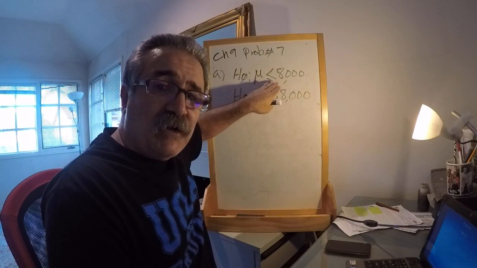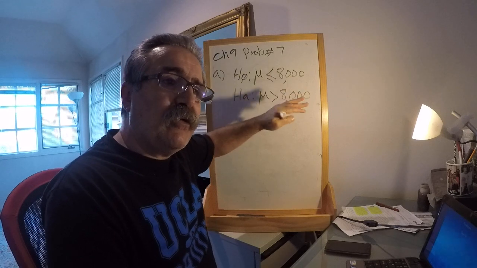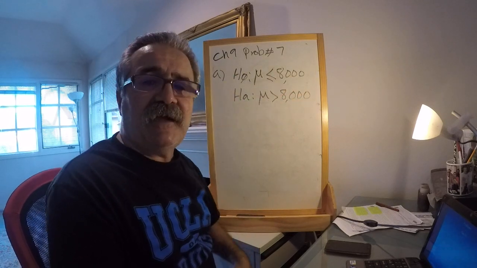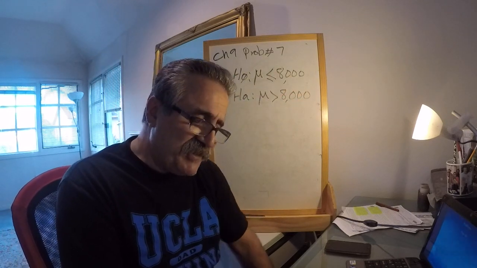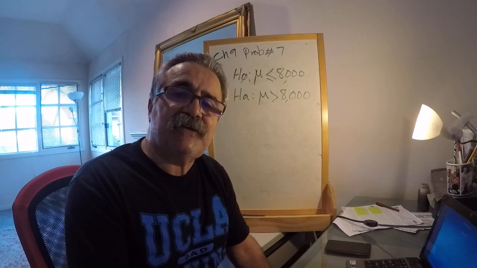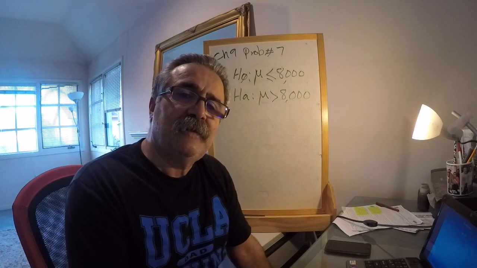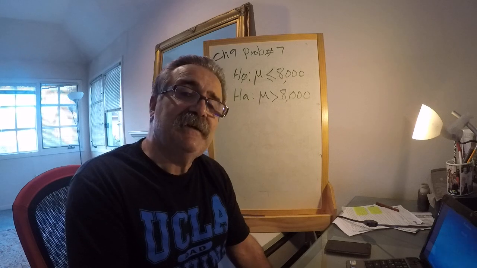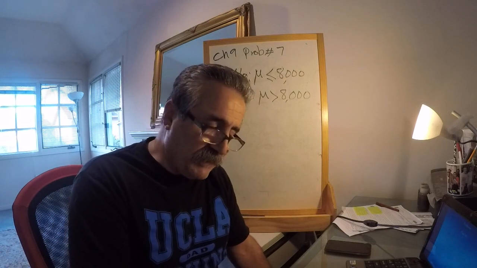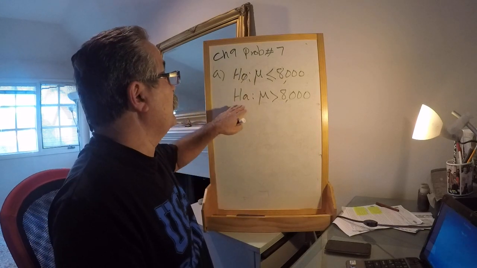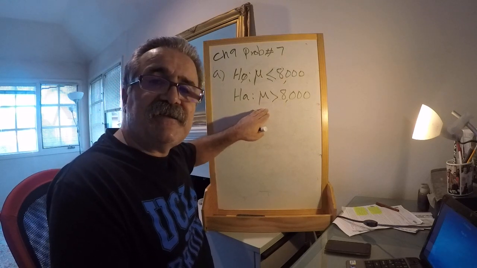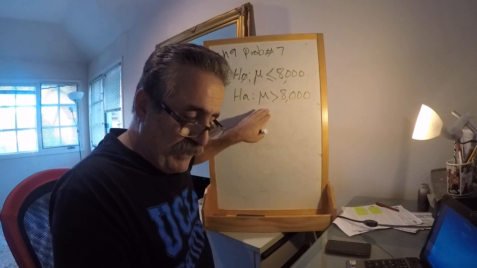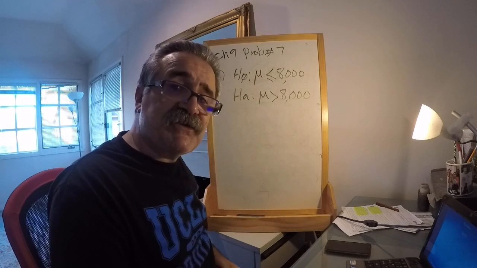Because if it was 8,000 or more, or even exactly equal to 8,000, why does he have to worry about increasing it to 8,000 or more? So the assumption is that it is 8,000 or less. Therefore, he's trying to give them incentive to see if it goes over 8,000. That's the explanation for part A.